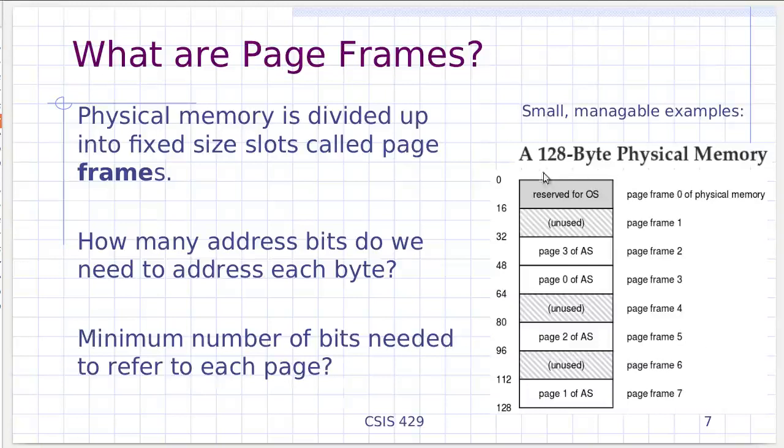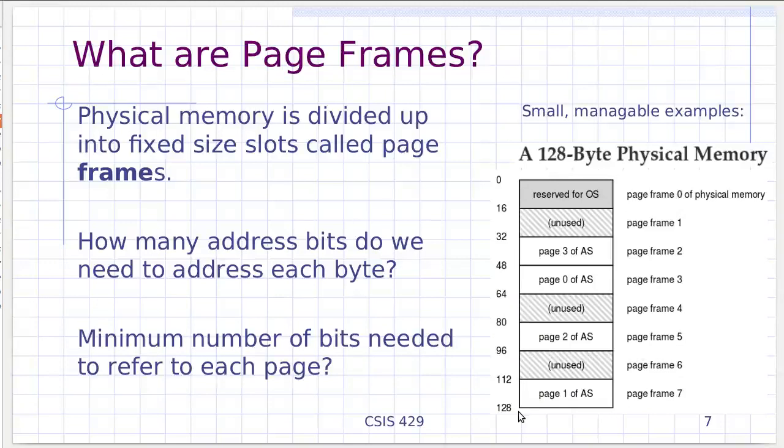And each one of these frames is going to be 16 bytes. So 0 through 15, 16 to 31, 32 to 47, and so on. Okay, so you might ask the question, how many address bits do we need to address each byte? It turns out there's a total of 128 bytes.